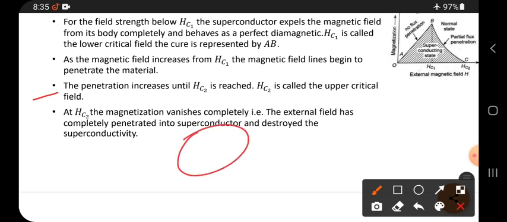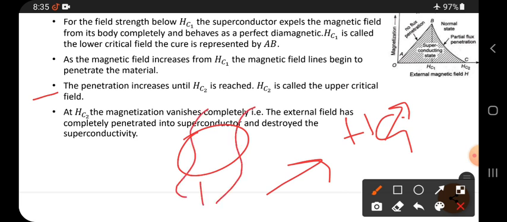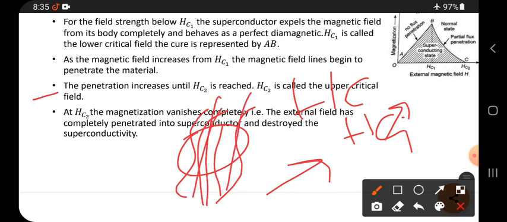So as we increase the H value beyond Hc1, penetration slowly starts. When it reaches a particular critical field, all the lines of force pass through it.